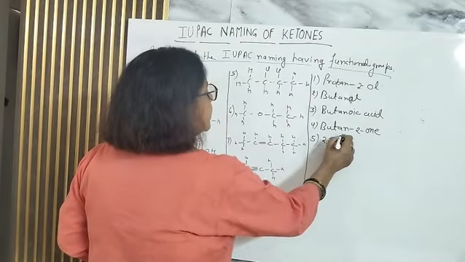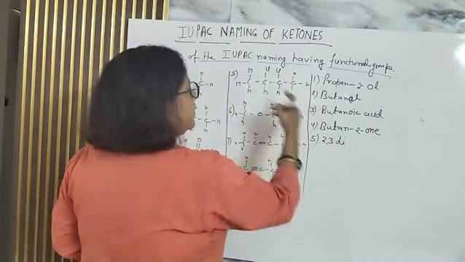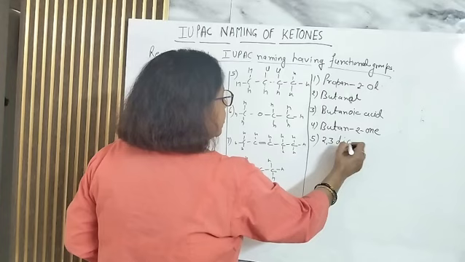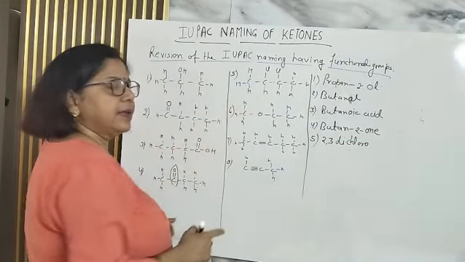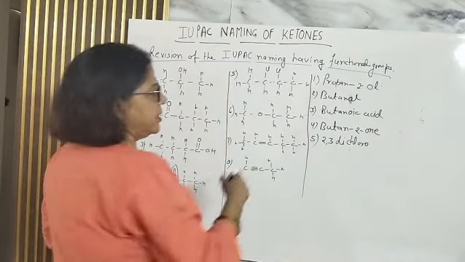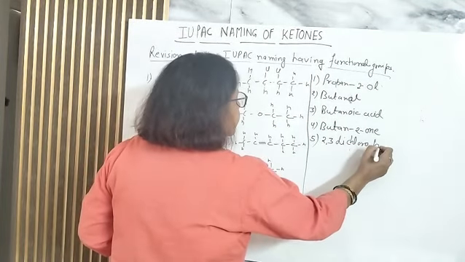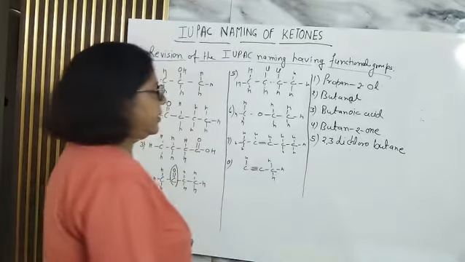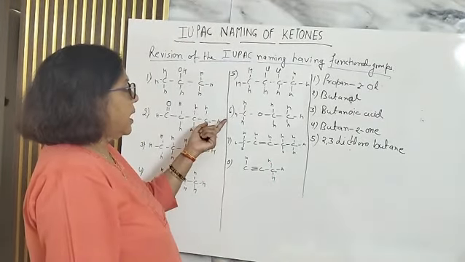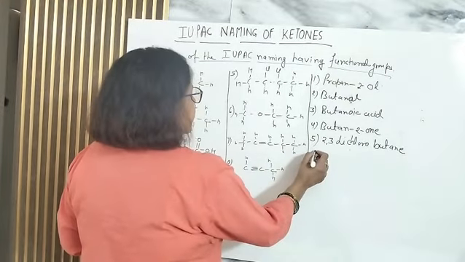Di, because 2 chlorines are there. Chlorine in the side chain will become chloro. 2,3-dichloro, and then how many carbons are there? 4. 2,3-dichlorobutane. Alright? Yes.